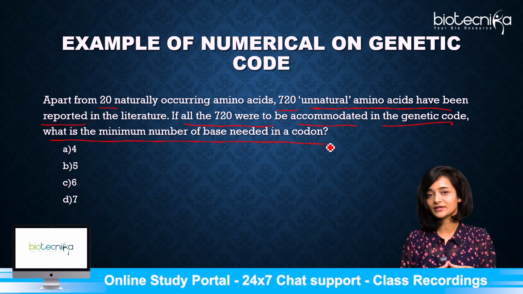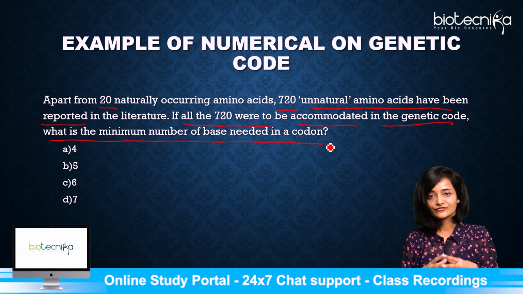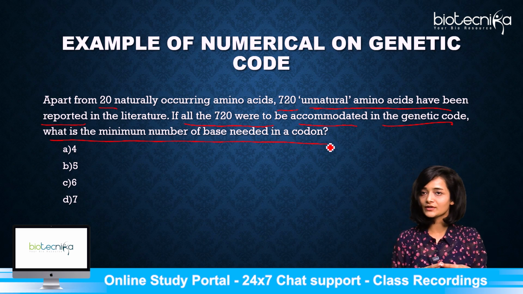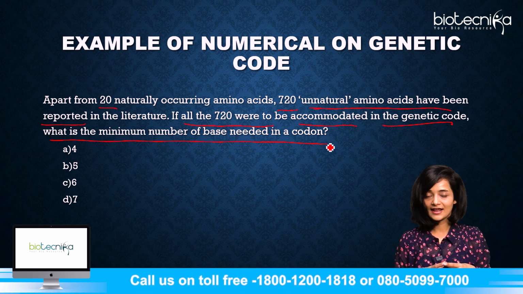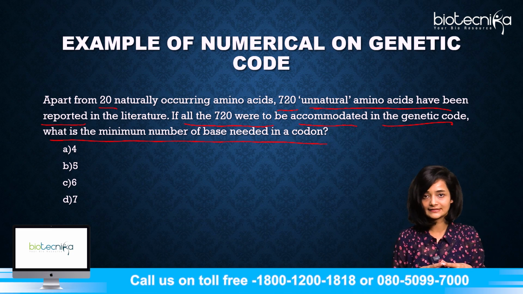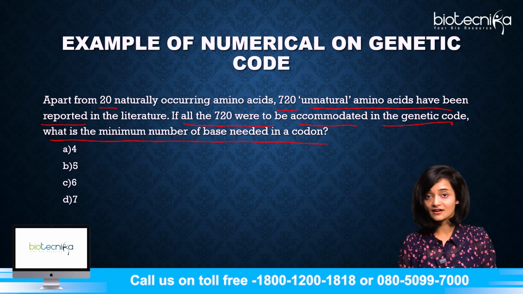So which answer should be right? For this, I want you to pause the video, try to solve this question and have an answer in your mind. Then I'll tell you the correct answer.